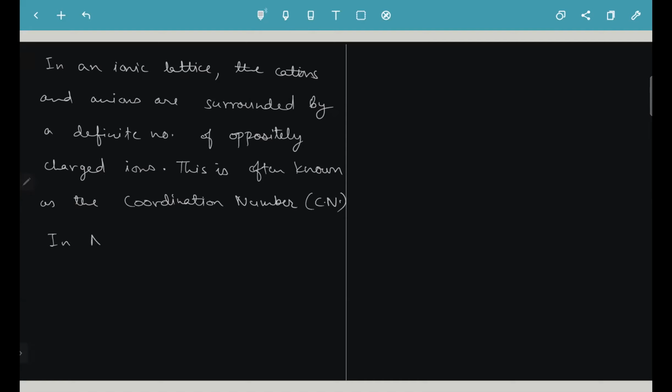In the NaCl lattice, the coordination number of Na plus is 6. The coordination number of Cl minus is 6. Both have coordination number 6. You say that the coordination number of NaCl is 6:6.